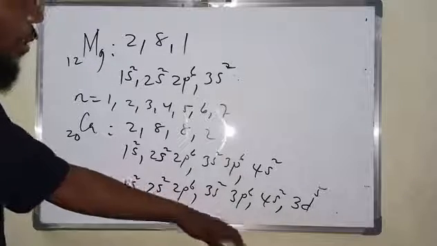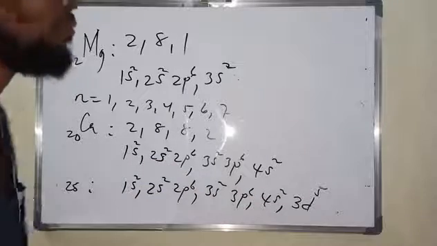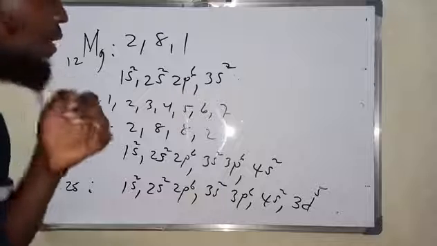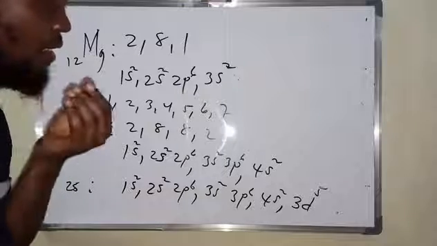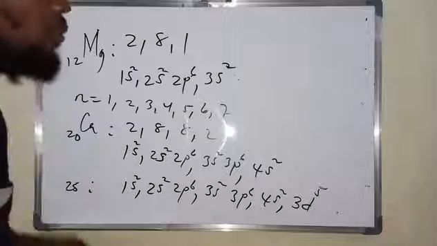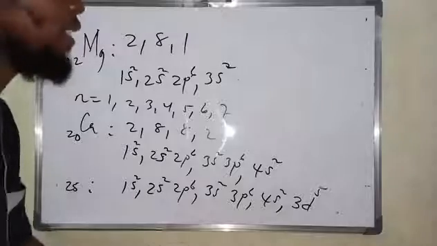You would have it as 4p 5, but it doesn't go that way, because 4p has a higher energy level than 3d, so 3d has to come before 4p. So how then do you know the proper arrangement?